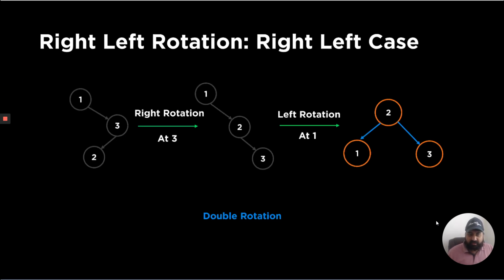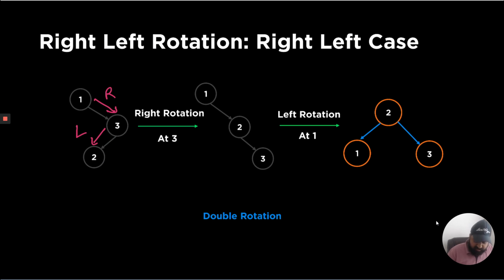The third one is the right-left rotation case, where the child is on the right, and the grandchild is on the child's left. So it's right, left. In this case, we cannot solve this using just one rotation. So we have 2 different rotations.